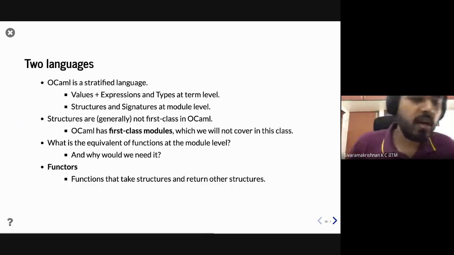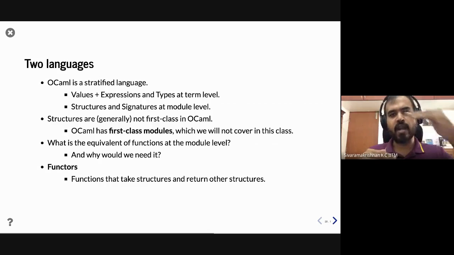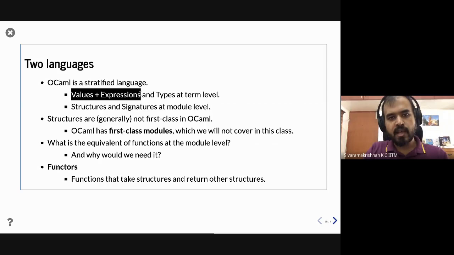Okay, so to take a step back, what we've seen so far is a bunch of concepts. In particular, we've seen this idea of structures and signatures, right? OCaml itself happens to be a stratified language. At the lower level, you have values and expressions, and we have types that say what the types of these values and expressions are.